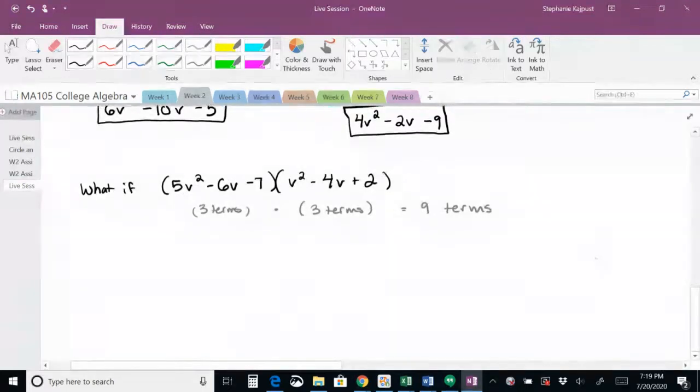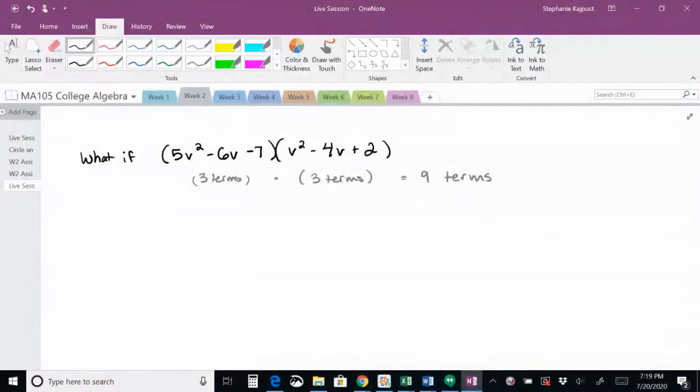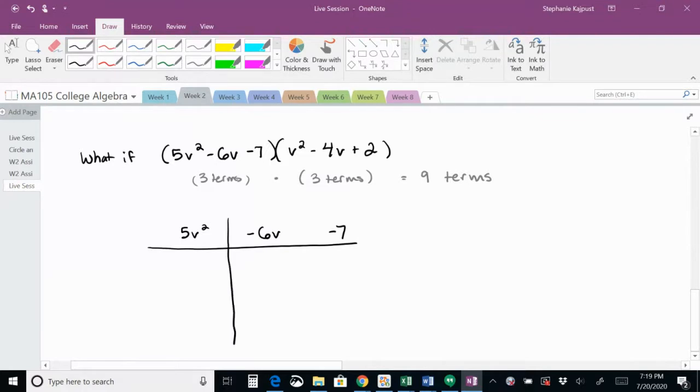So I make a table, and I start with my first polynomial, and I have that going across the top, and I leave a gap because I'm going to be adding lines in between, and I'm going to need room for actually doing some multiplication. So I'm filling in a table there. And then going down on the left, I'm going to put the second polynomial.